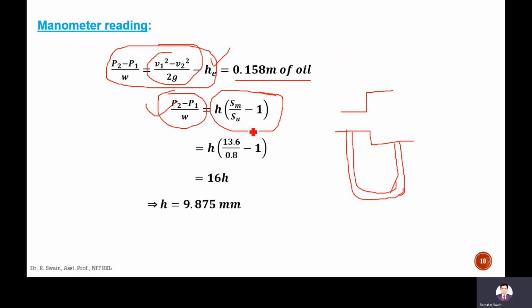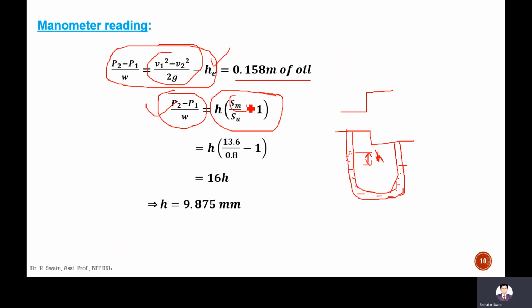That is the pressure head difference. I think the Bernoulli's equation, in the fluid dynamics chapter, we have already discussed. Here X is the manometer reading. So H is the manometer reading.